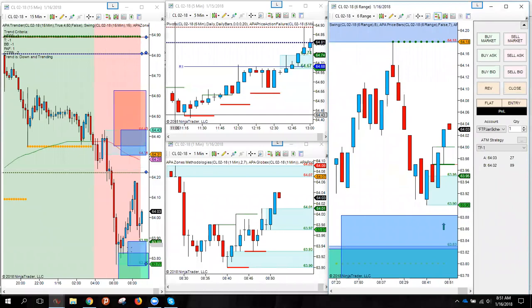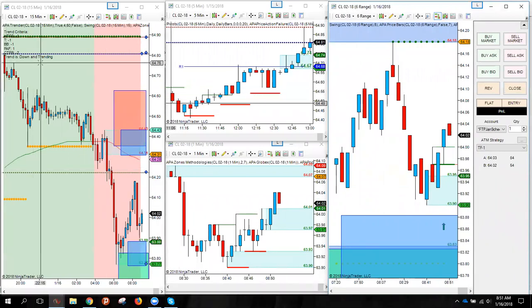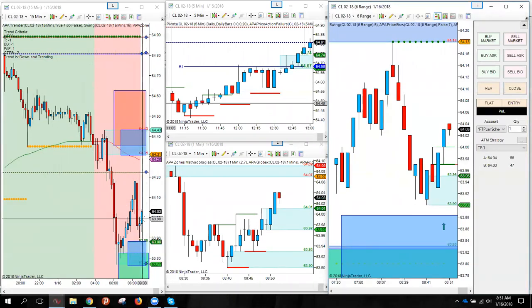Okay, so it looks like the trend is down and trending according to my Elite indicator. What I like to see is a failure of these green bars reaching and exceeding the red bar here on my 15-minute zone.